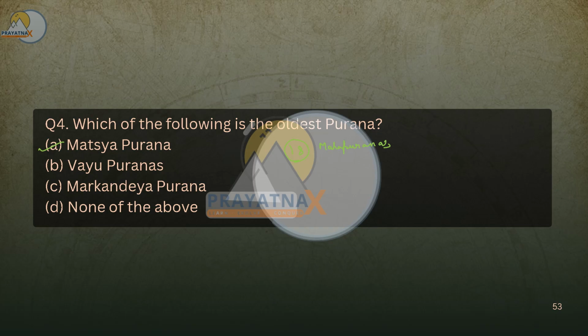I had also told you that a Puran explicitly mentions 5 characteristics which must be present for a text to be classified as a Puran, and this Matsya Puran explicitly lists them as Sarga, Pratisarga, Vamsha, Manvantara, and Vamshanucharita.